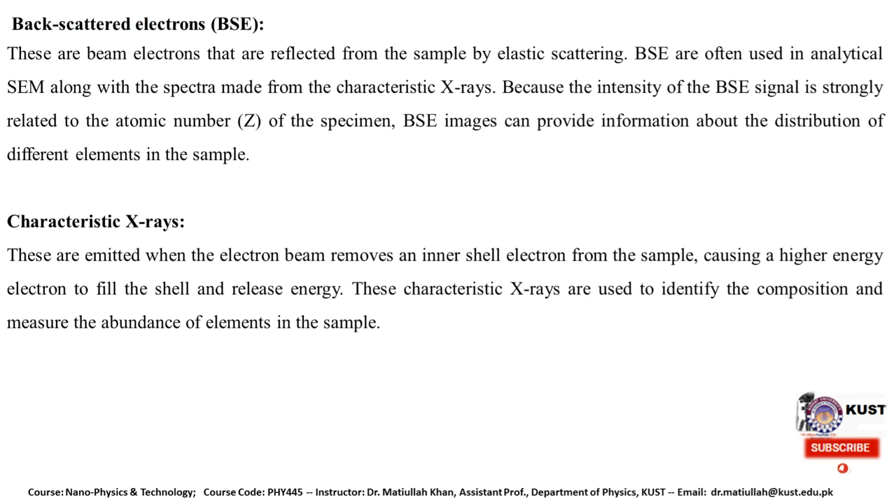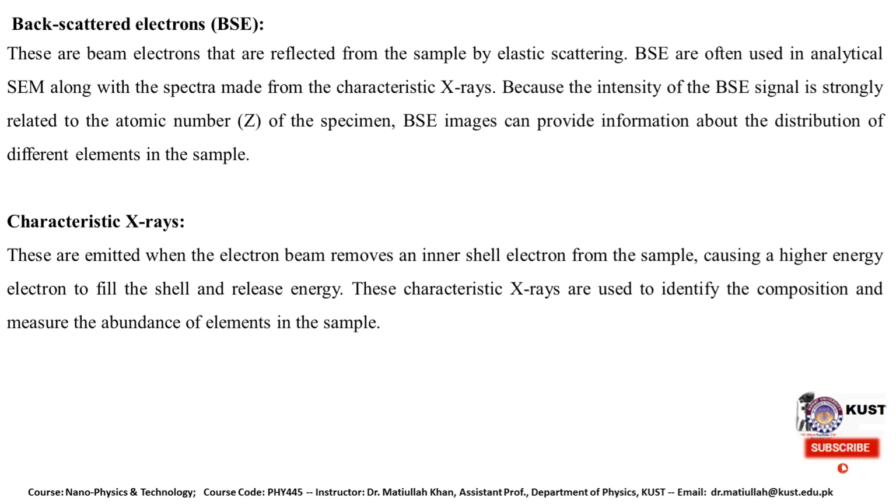The other electrons that are produced due to the collision of the primary electrons with the surface of the sample are the beam of electrons that are reflected from the sample by elastic scattering. These backscattered electrons are often used in analytical SEMs along with the spectra made from the characteristic X-rays.